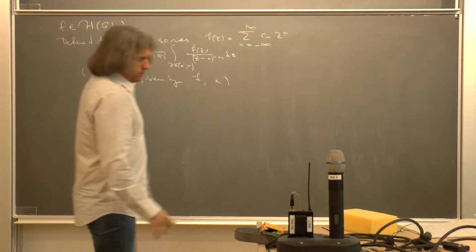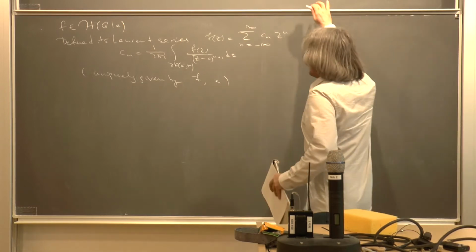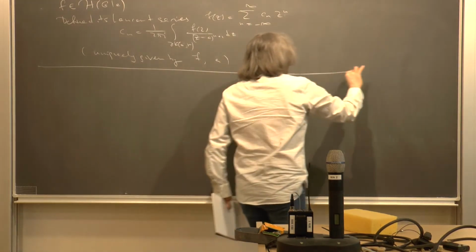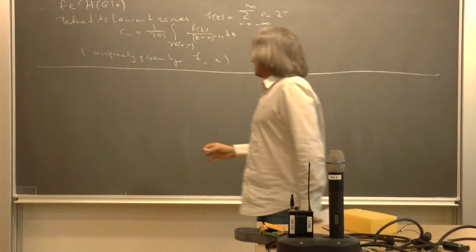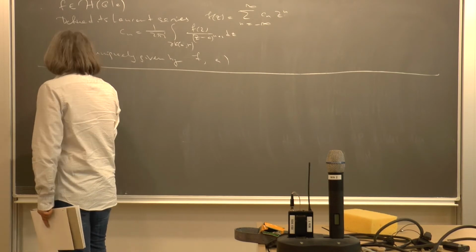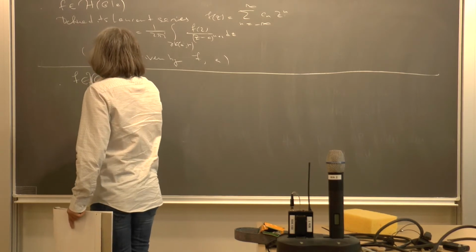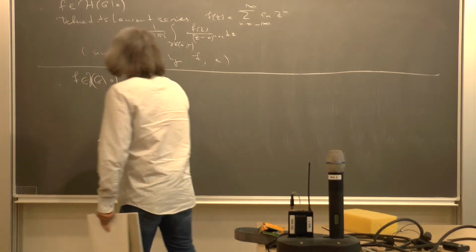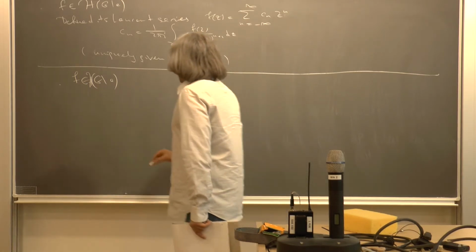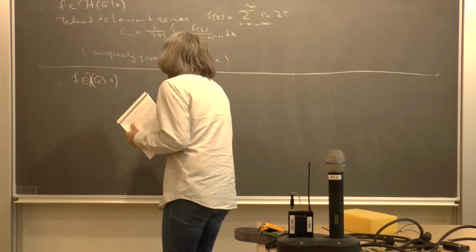So today we start from the definition, which immediately extends this subject. Suppose we have such a function which is holomorphic in a complement to a point, so it's an isolated singularity. Then we consider the series.